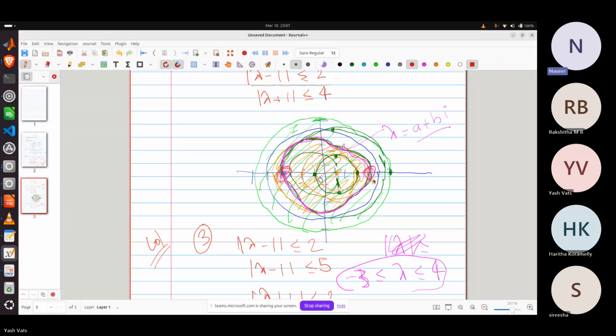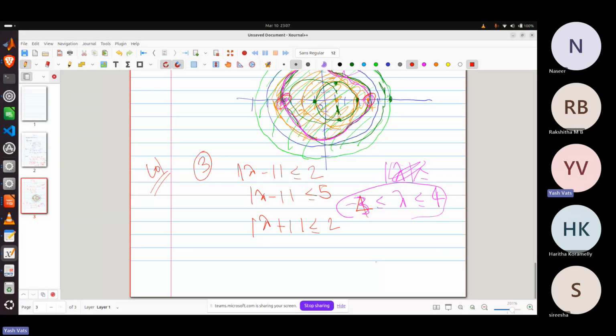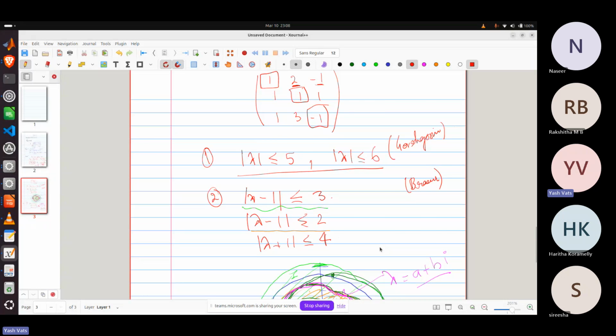Kindly check once, because the pink towards the left, I think it's at the fourth point. I think it will be -4. Yeah, sorry. You have mentioned -3 to 4. Okay, thank you. Then it should be mod lambda is less than or equal to 4.